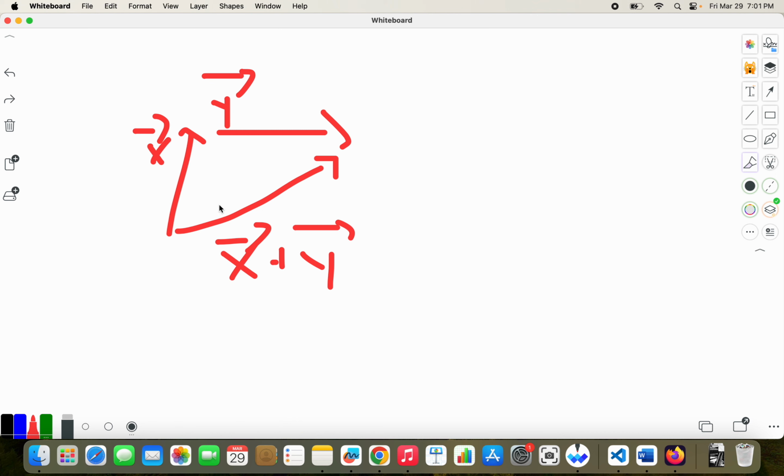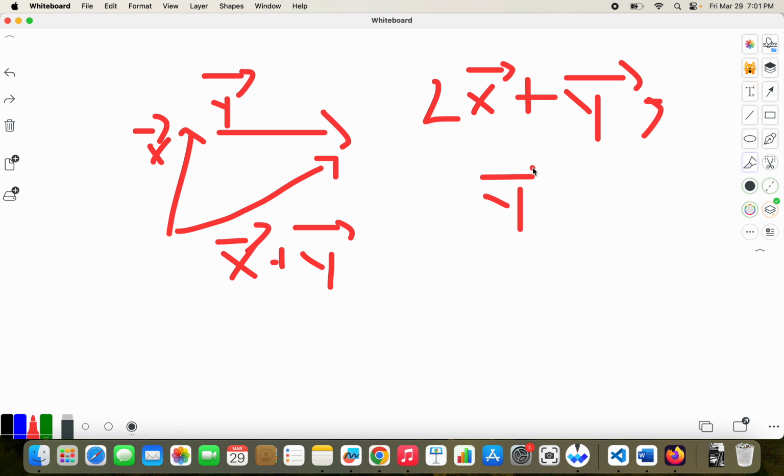And then you see the triangle made by these. Obviously, vector x plus vector y is greater than vector y. But the only problem is, how does that make any sense?